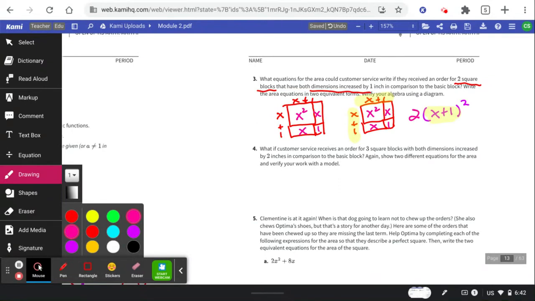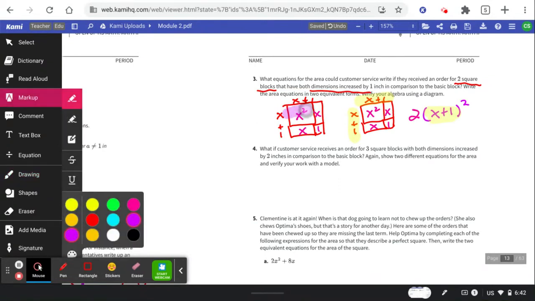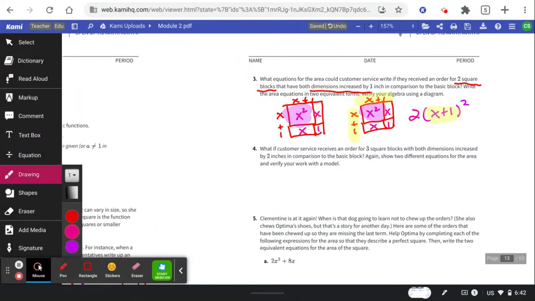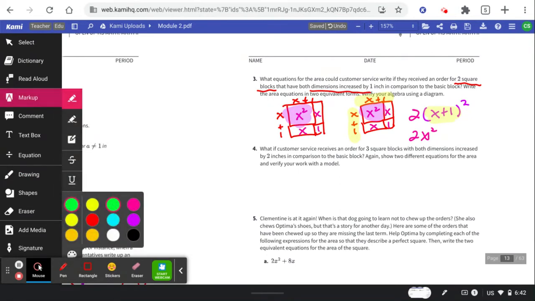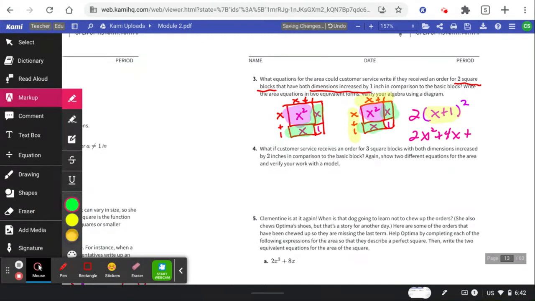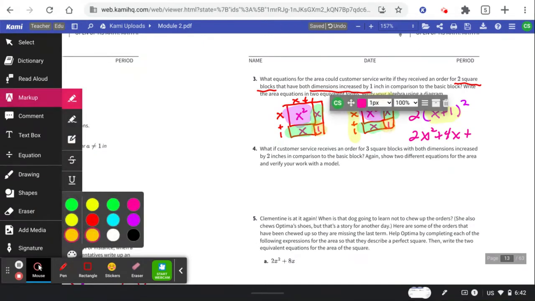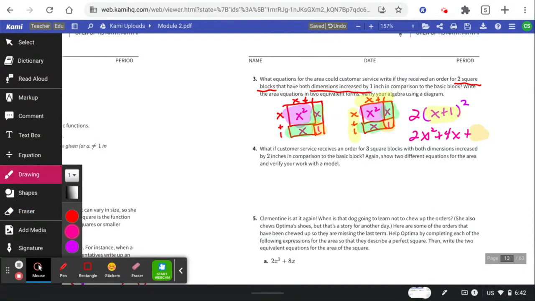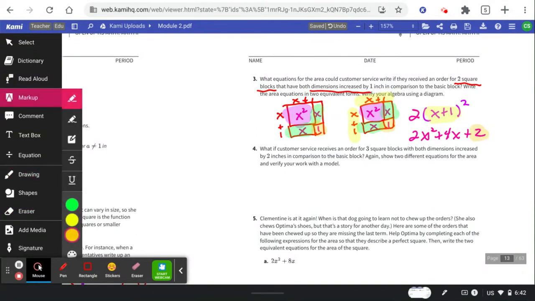So my other expression needs to include 2x squareds plus 1, 2, 3, 4 x's and plus the constant of 2 at the end. How'd you do?